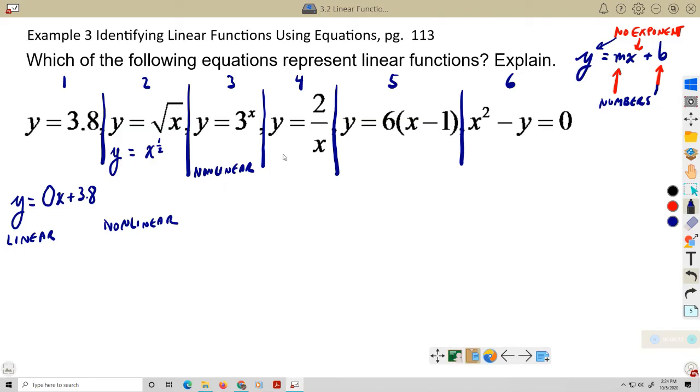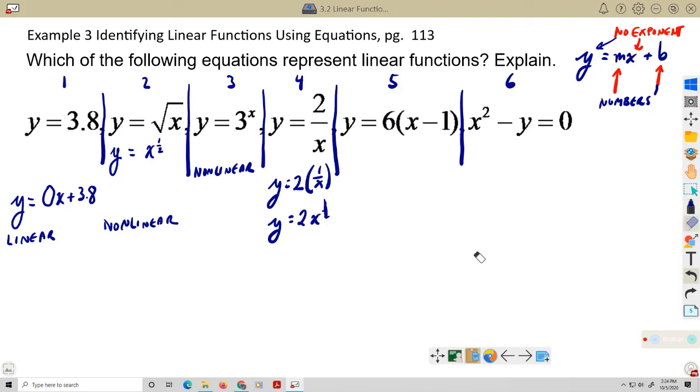Okay, y equals 2 divided by x. Well, if you think about this, this is really y equals 2 times what? 1 over x. Another way you can think of this is y equals 2 times x to the power of, I'm sorry, this is not 1/2, that's the other one.